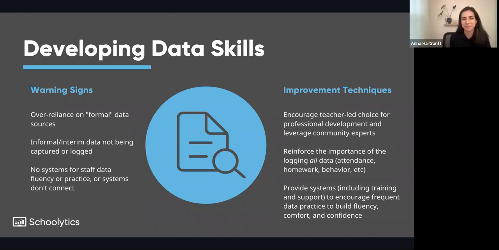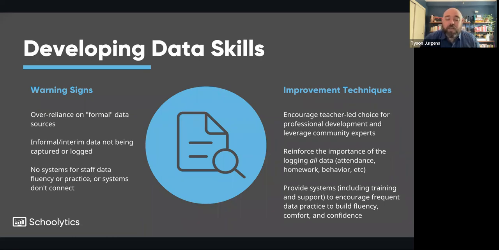And I think one component here that we're chatting about is that we really need to expand our concept of what data means. Because for a really long time, when we talked about data, we talked about summative test scores. We talked about end of quarter or year results. But there's a trove of data that happens before that result occurs that we can be using if we're smart enough to capture it and model it.